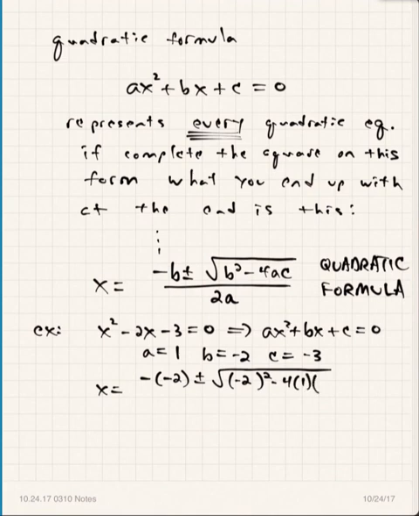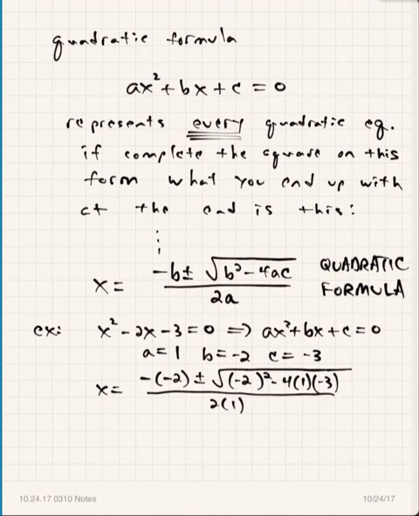I use parentheses throughout the whole thing when I substitute into the formula. And there's a negative 3 right there. And this would all be divided by 2 times a, which is 1. And so you get this really big, ugly arithmetic problem. But when you simplify it, you get the solutions to this quadratic equation.